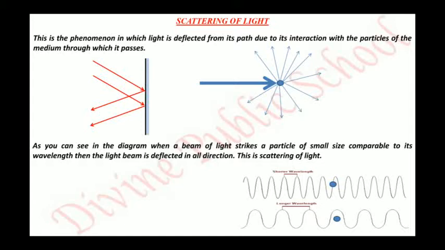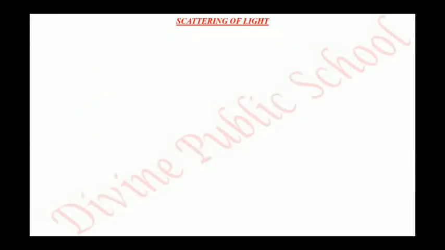Now, types of scattering. There are two types. One is elastic or Rayleigh scattering. Another is inelastic scattering. Let us see one by one. The very first thing we'll study is elastic scattering. What is elastic scattering?